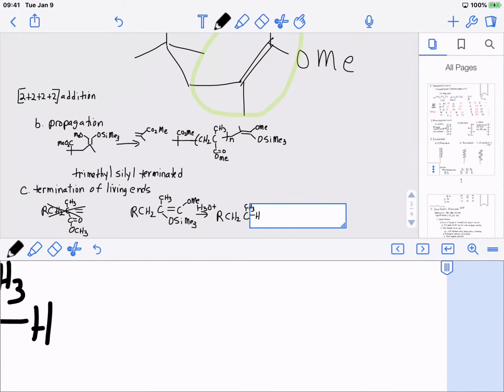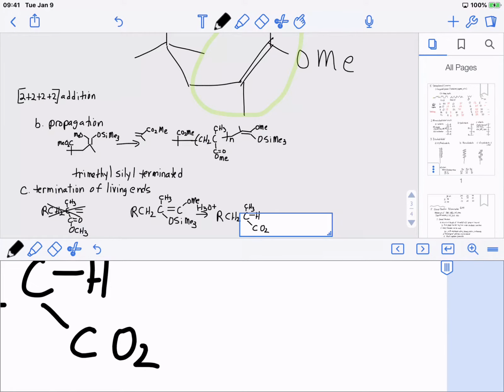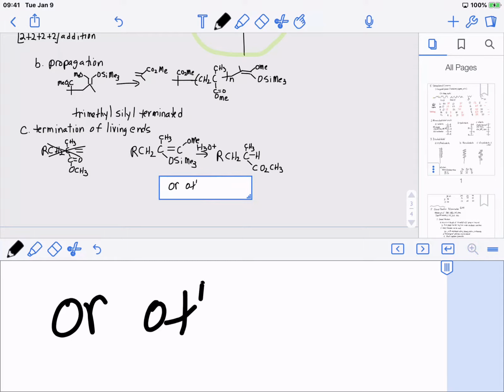You wind up putting a hydrogen on there. And basically, or other proton donating substances.